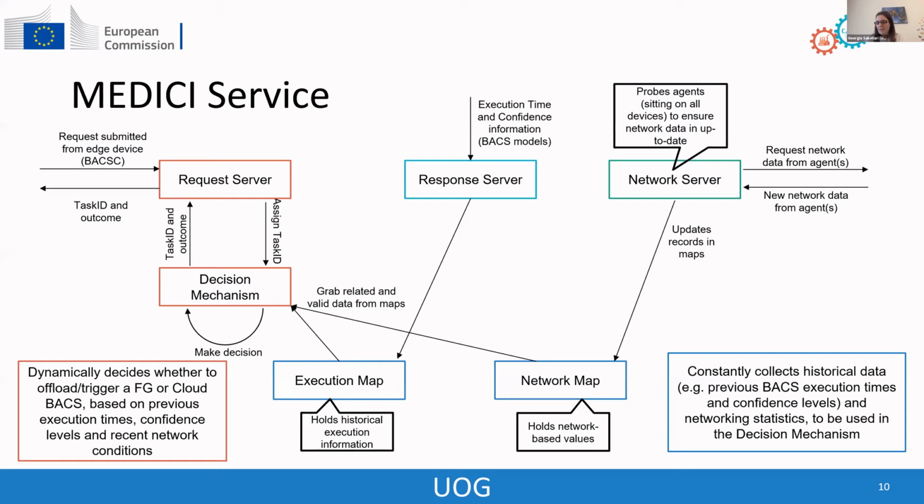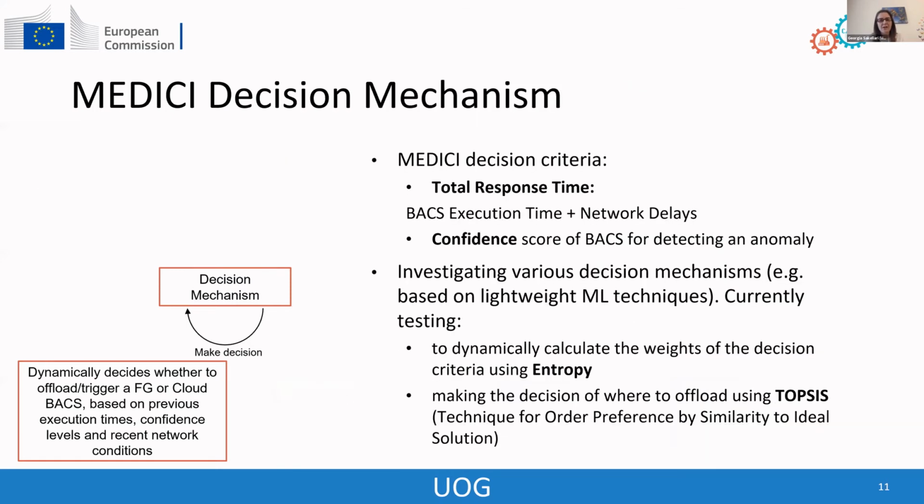So if we move on to the next slide. The actual decision mechanism currently, at the stage that we are in the C4IoT project, uses two decision criteria: the total response time, and by that we mean how long it takes for BACS to make a decision of whether this is an anomaly or normal traffic, and network delays.